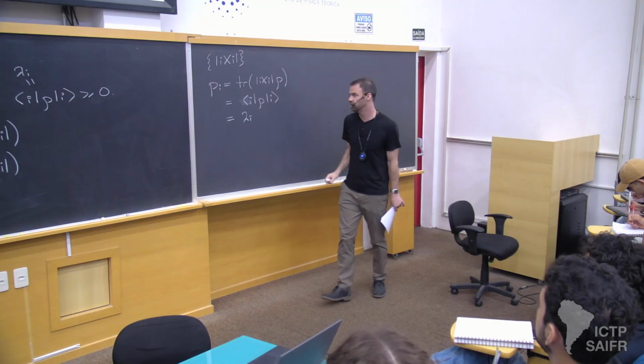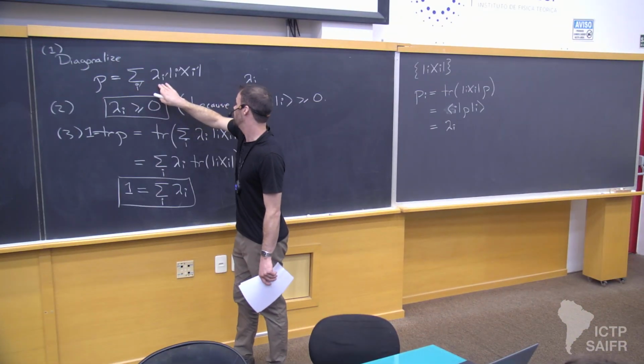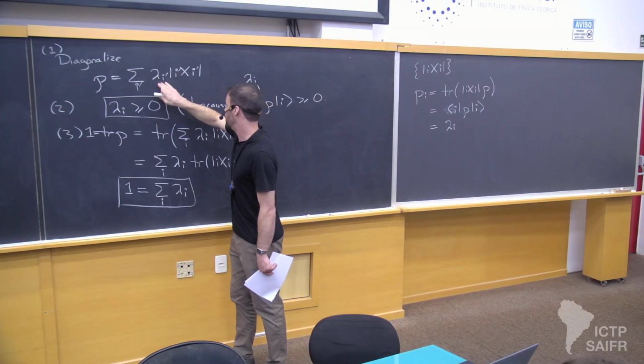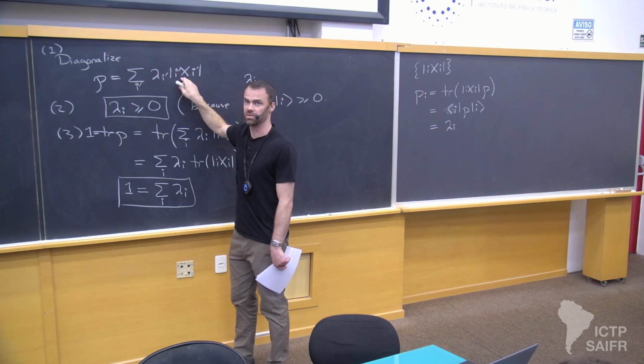So indeed, these coefficients appearing in my expression for rho are probabilities, and they're the probabilities of getting this outcome if I measure with that set of projectors.